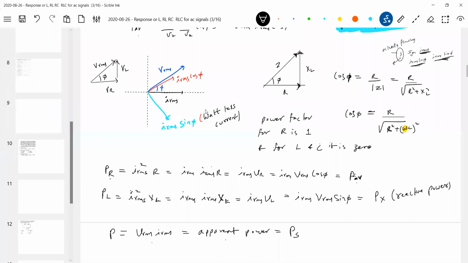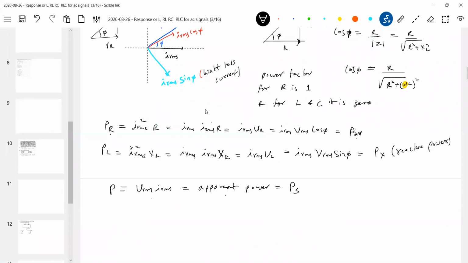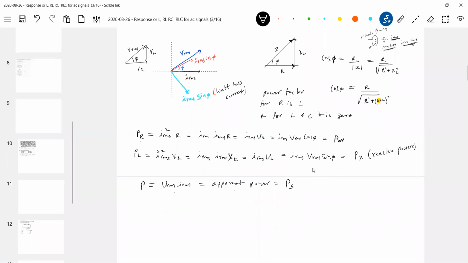Then how are all these powers related? All these powers form the power triangle. Now we can draw it. PX, this is PR, and this is apparent power.